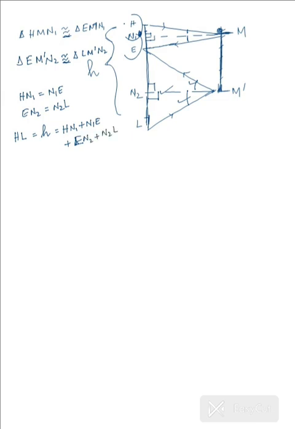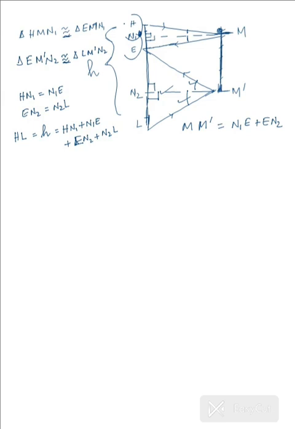What we also see is that MM dash, the length of the mirror, is equal to N1E plus EN2, because the normals that we have considered are exactly pointing towards N1 and N2, which are aligned with M and M dash respectively.